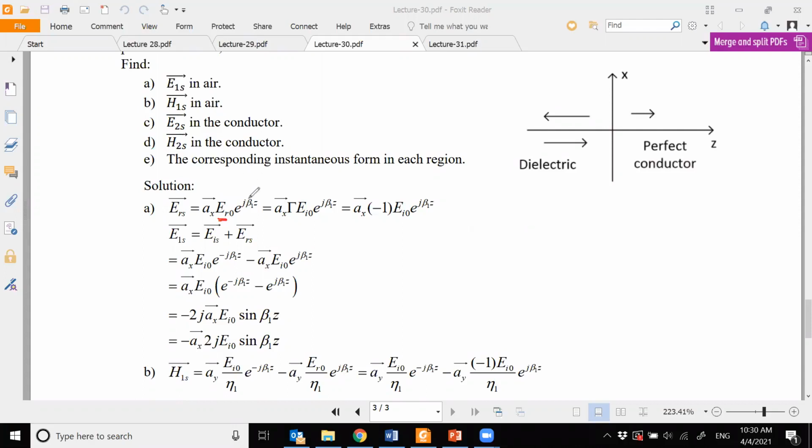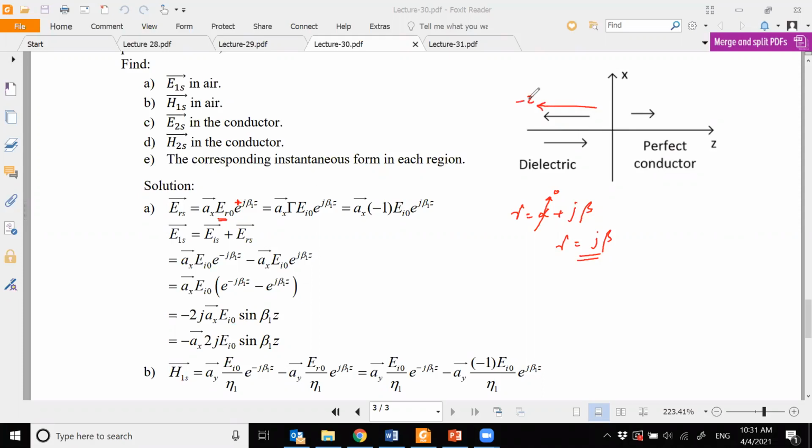Here I'm not using gamma, I'm using beta, so j must be there, because remember, gamma is alpha plus j beta. When alpha is 0, gamma should be replaced by j beta. We have seen this in our previous class. That's why it is plus j beta 1 z, because it is going in the -z direction.